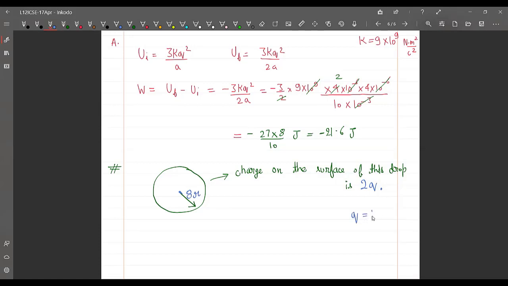Take value of q as 1 microcoulomb and value of r as 1 millimeter.